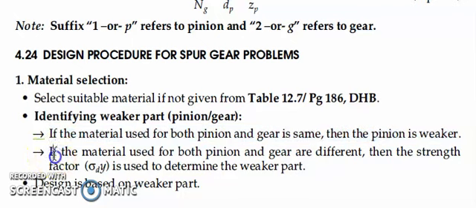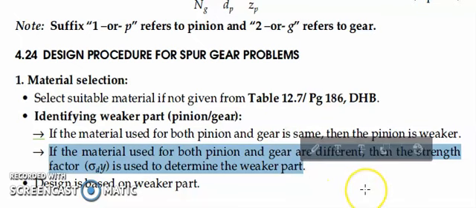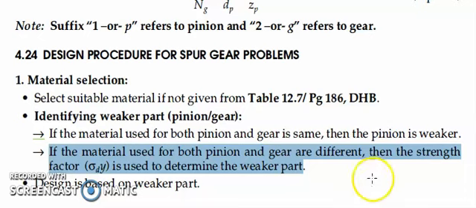Next, if the materials used for pinion and gear are different, for example one is bronze and the other is cast iron or steel, or the carbon contents are different, then according to the different materials we have to calculate the strength factor.